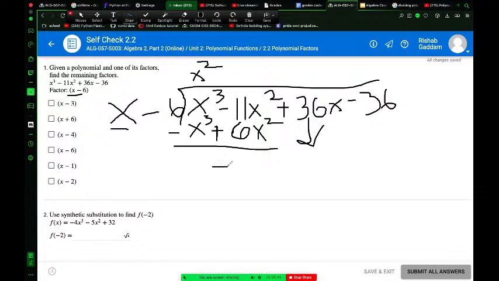So we have negative 5x squared plus 36x. And now how many times does x go into negative 5x squared?